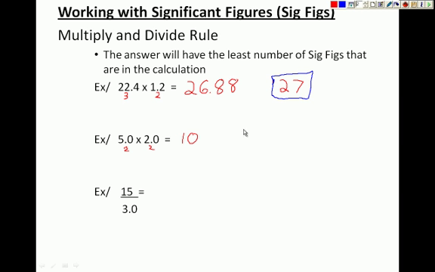So we can do this by writing, again, 10, and we can do it one of 2 ways. We can write 10 and then write the point right there, or what we can do is put it into scientific notation and go 1.0 times 10 to the 1. Okay, so again, this is 2 sig figs, this is 2 sig figs, so both answers are acceptable.